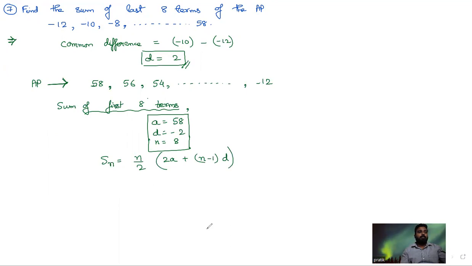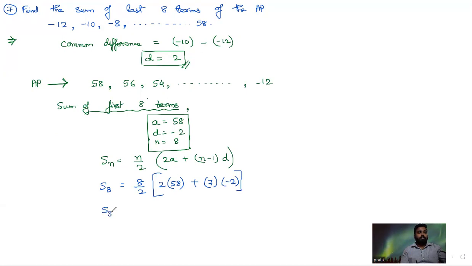So when I substitute the values, S of 8 terms is 8 by 2 into 2 into 58 plus 8 minus 1, that is 7, into d, which is minus 2.